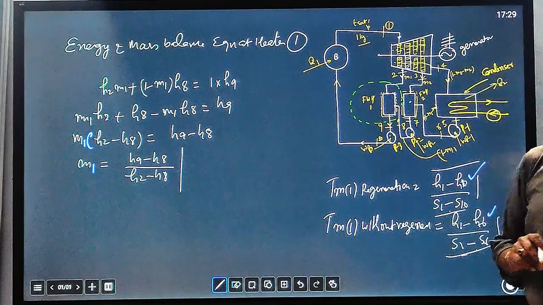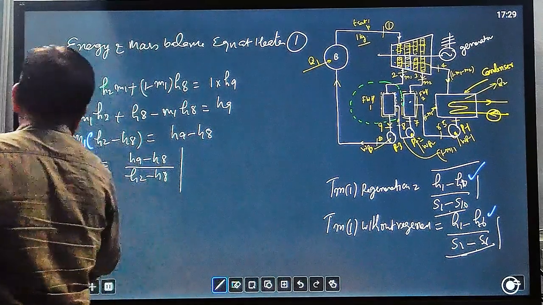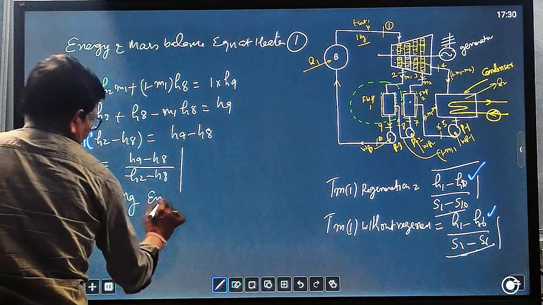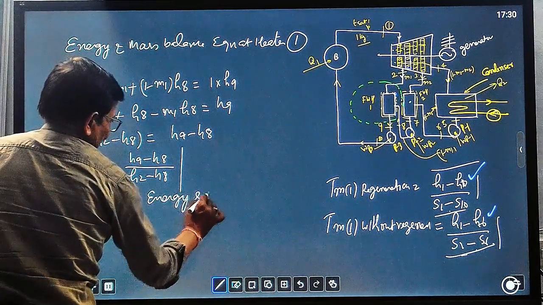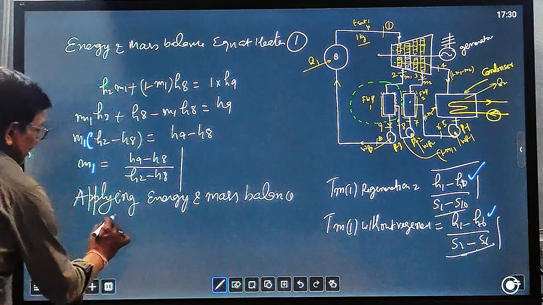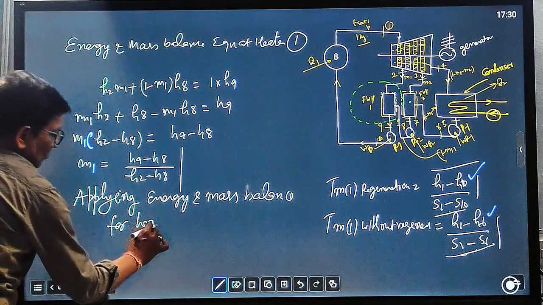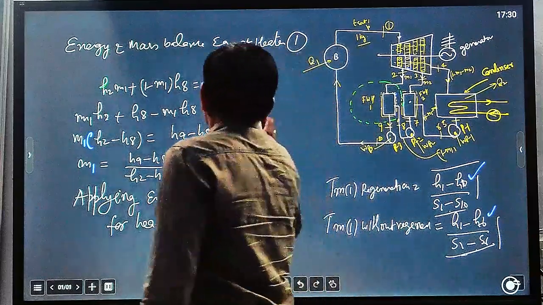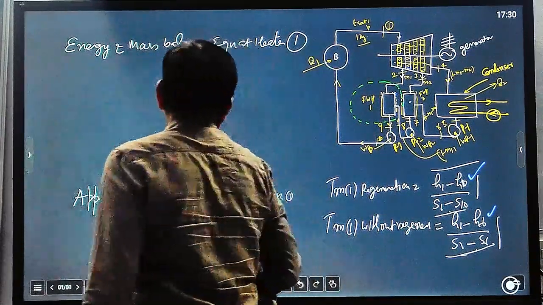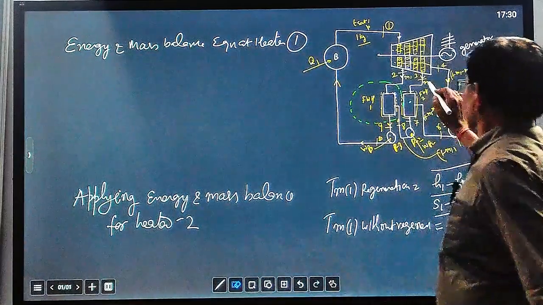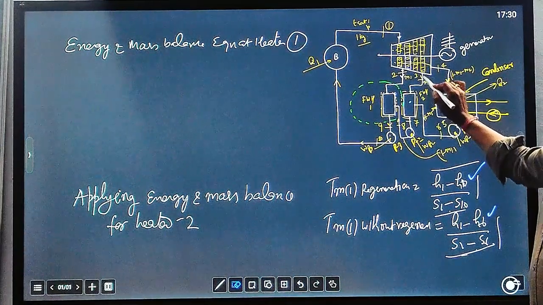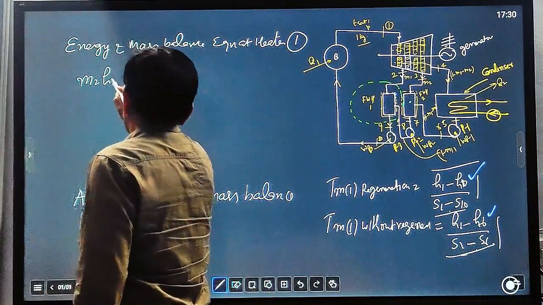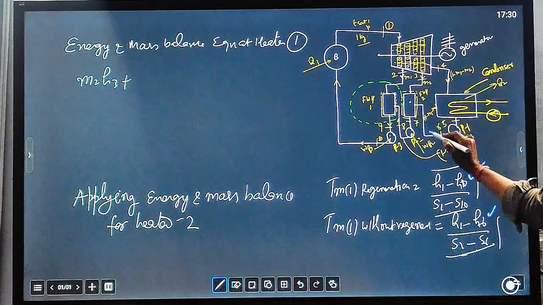So applying the energy and mass balance equation for heater 2. This is a feed water heater, feed water heater 2. So let us now erase this one. Energy balance: you can see M2 into H3, because this is state 3, M2 into H3, plus this stream is also going.